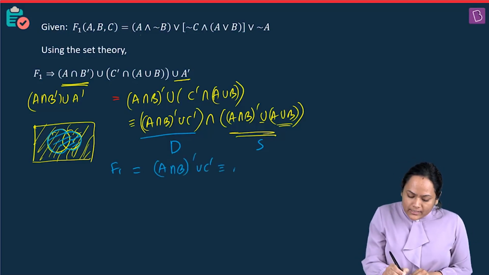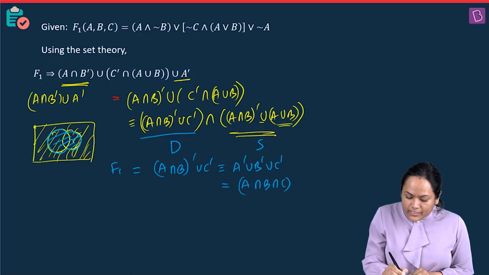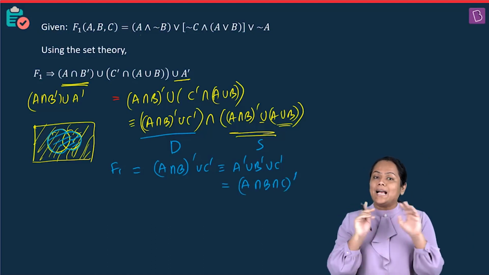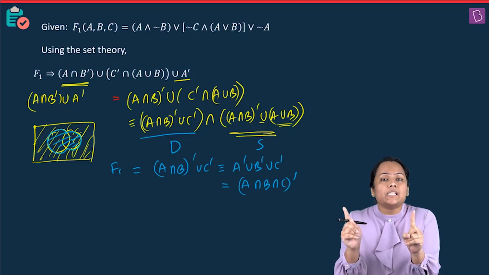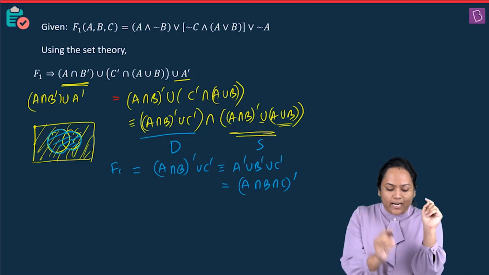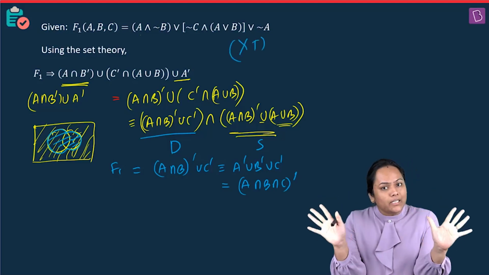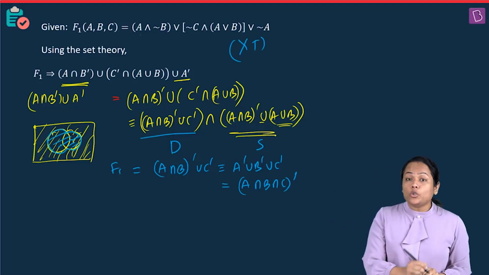You can also write this as A complement union B complement union C complement, or further as A intersection B intersection C whole complement. So is it coming out as the entire sample space? No, it's not. That means this will not be a tautology. Clear? Perfect.